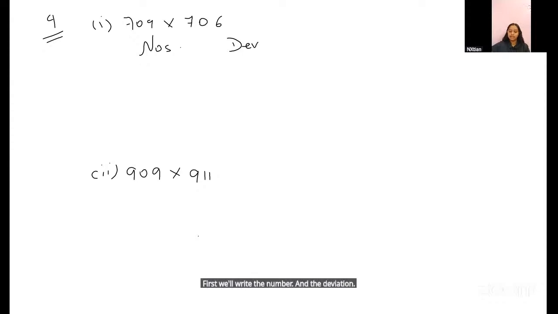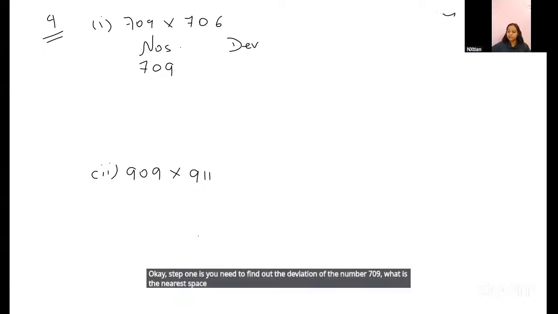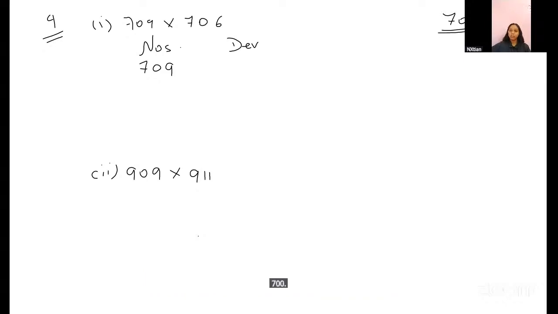Step 1 is you need to find out the deviation of the number 709. What is the nearest base? Nearest base is 700, and it is 9 more than 700. Deviation becomes 9. Then 706.